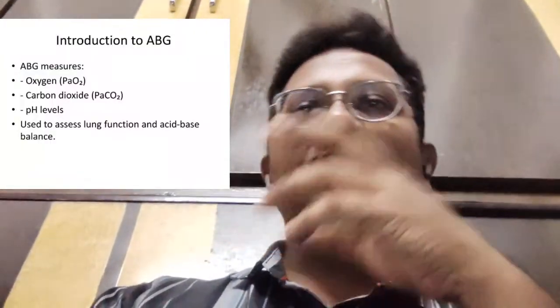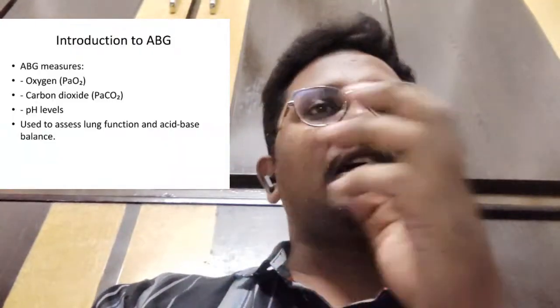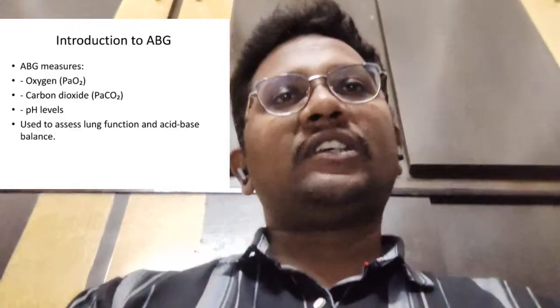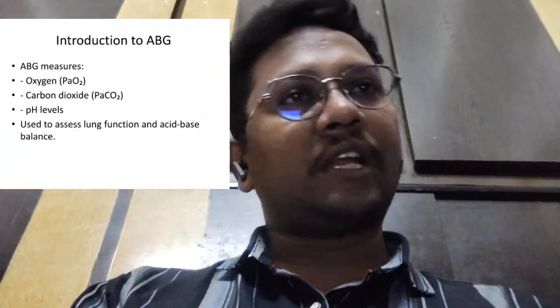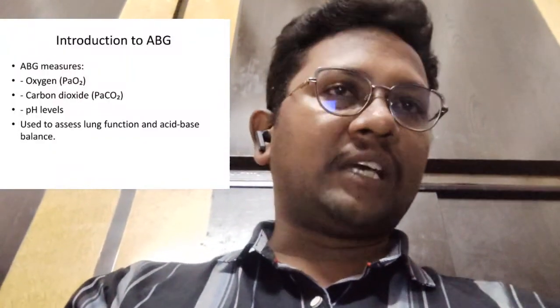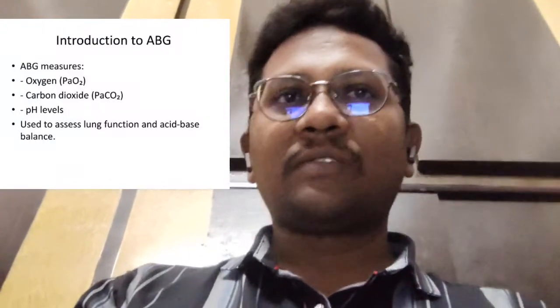All human beings have oxygen and carbon dioxide exchange in the lungs. This test will help you measure the oxygenation and carbon dioxide levels. It is commonly used in the ICU, emergencies and critical care settings in hospitals.